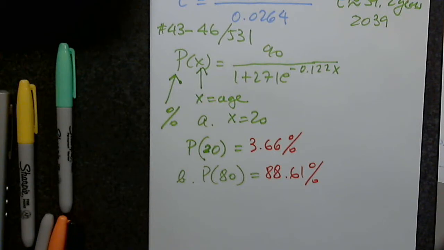If the model is correct, what percentage of the age group of 20 apparently have some heart issues? 3.66. If the model is correct, in the group of 80-year-olds, how many of them apparently have heart issues? Almost 89%. Any questions on this?